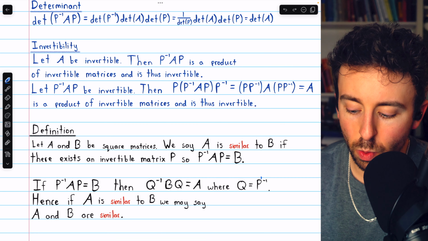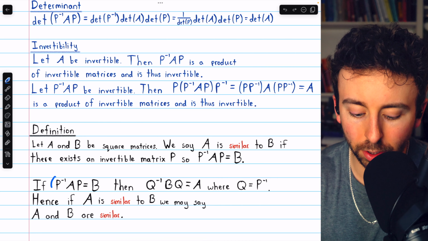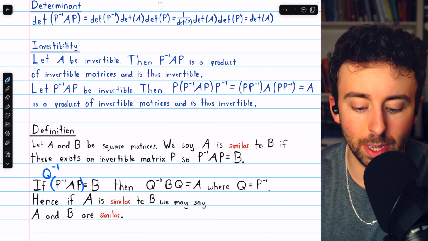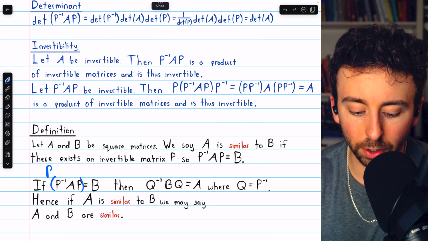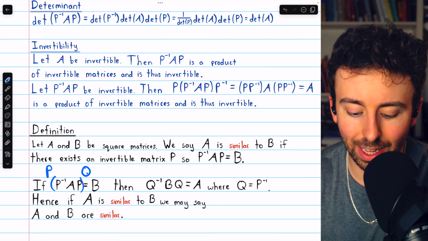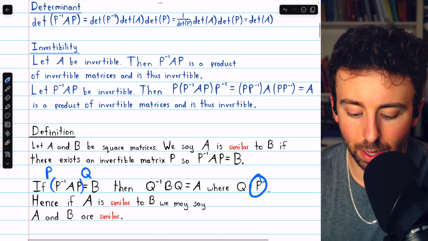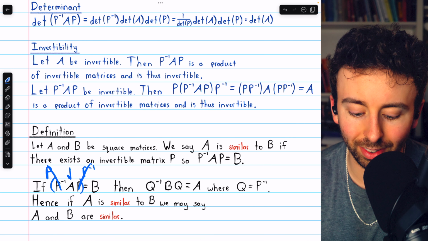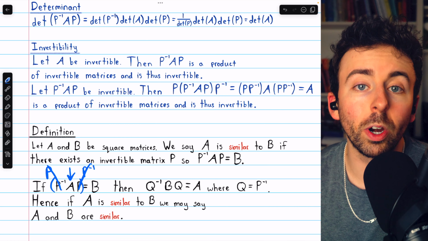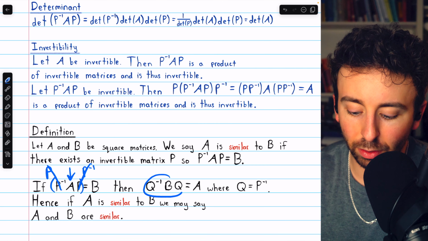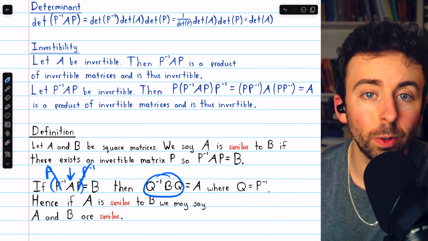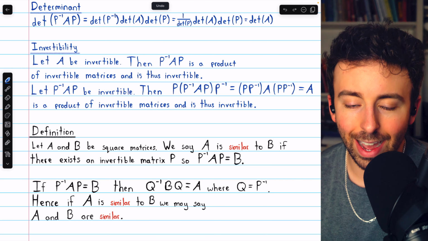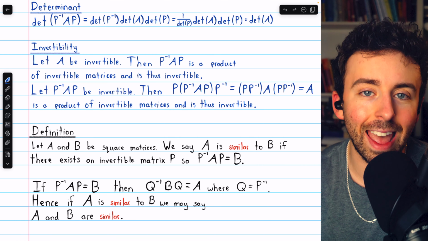So then if Q equals P inverse, if we multiply this on the left by Q inverse, that would just be P. And if we multiply it on the right by Q, well, that would just be P inverse. And so we can see how these things would cancel out and just leave A behind. So we're able to write A in this form, Q inverse BQ. So not only is A similar to B, but we see that implies B is similar to A.